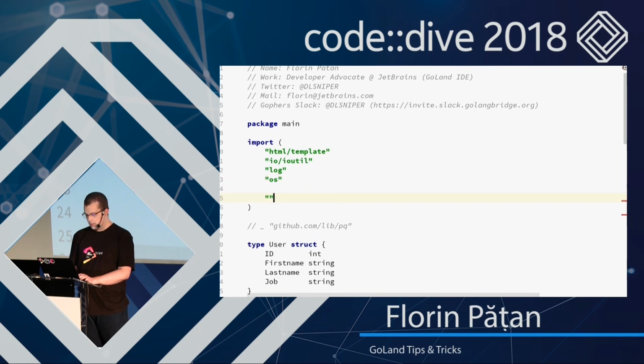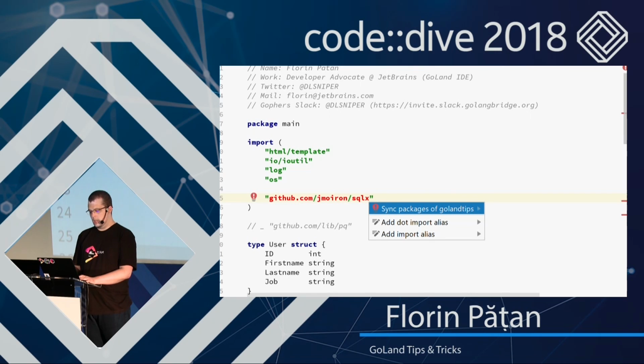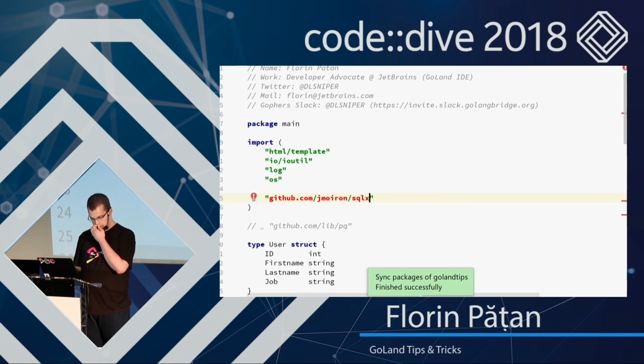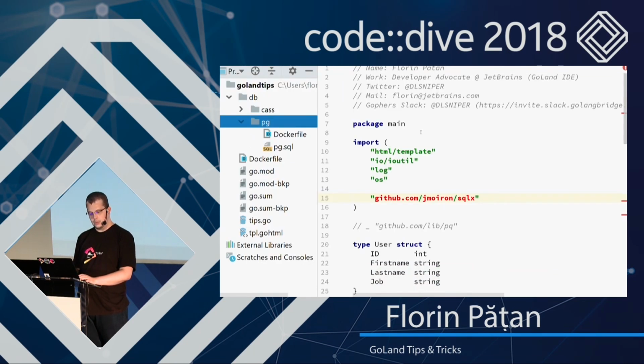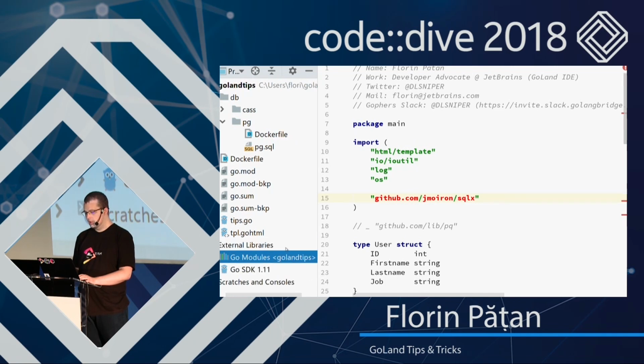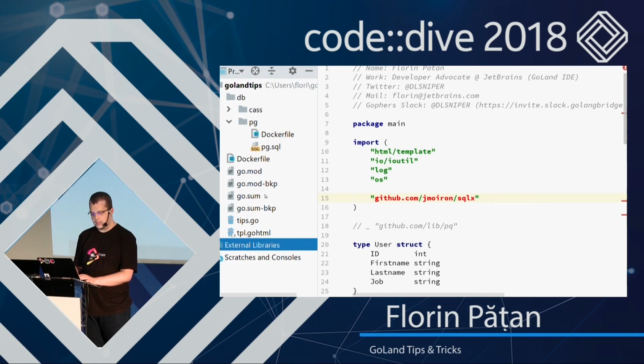So that one is under github.com/jmoiron/sqlx. And I might need an internet connection for this one. Do I need one? Did it actually work? So I came prepared for that as well.